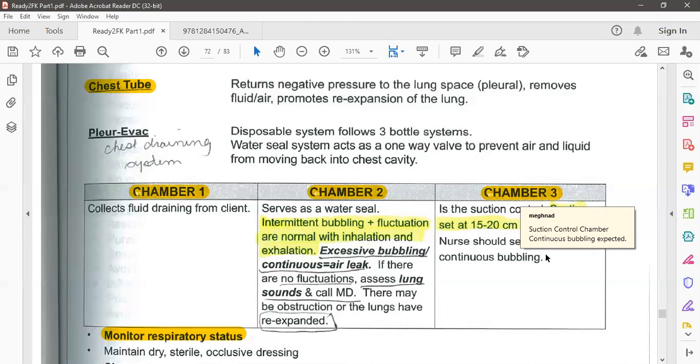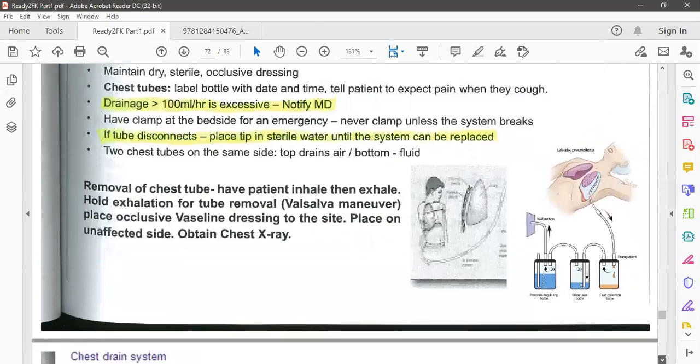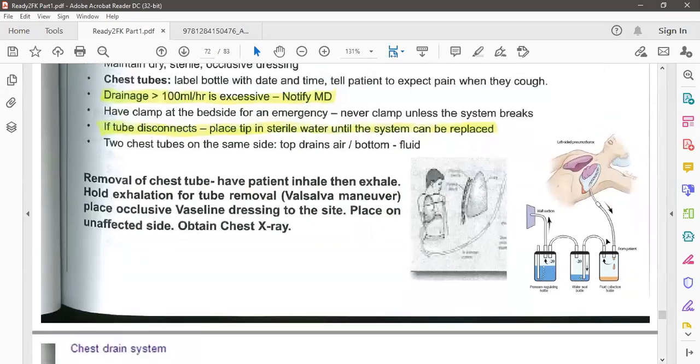So for the chest tube, let me show you the picture. Here you can see the chest tube attached one way to the affected lung. You see the pleural effusion, and this one is the suction control chamber, this one is the water seal chamber, and this one is the drainage collecting chamber.